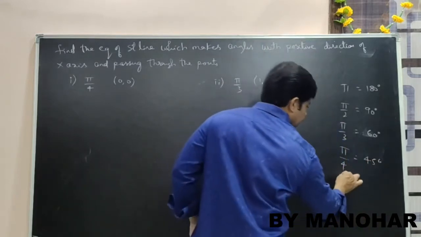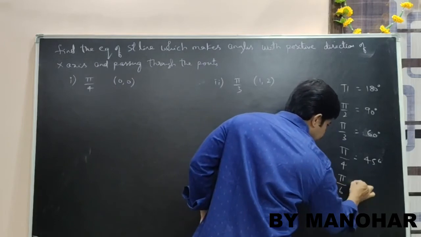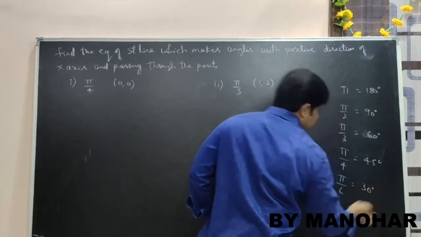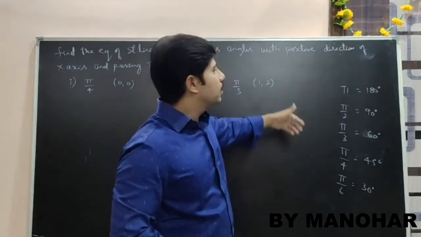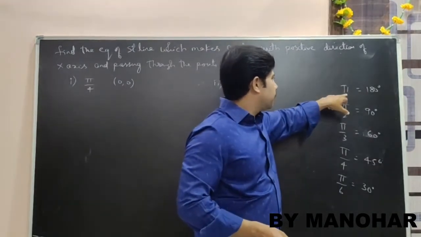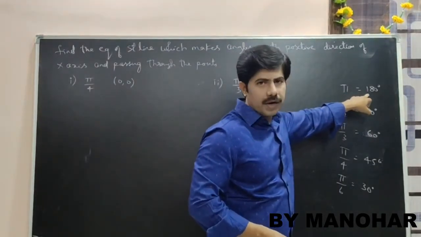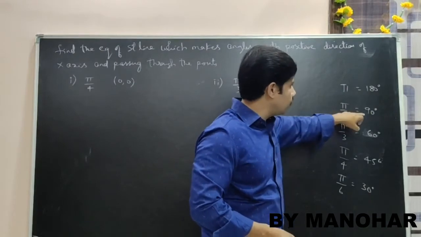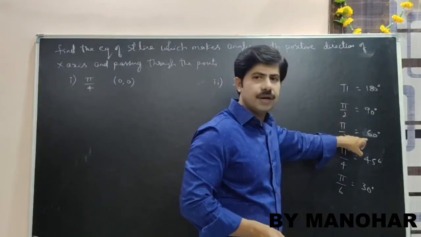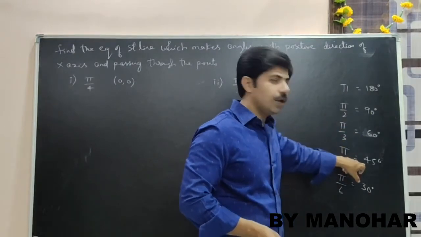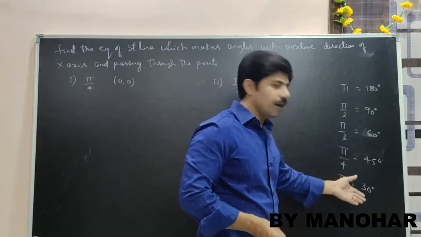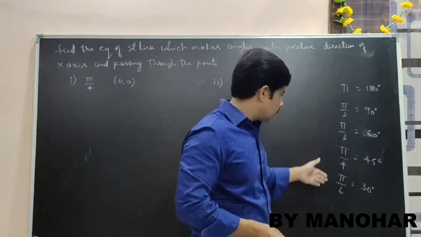Then pi by 6 means it is 30 degrees. Okay, this you will get in 1A, but I will tell. Pi radian means 180 degrees. So you do 180 by 2, 90. 180 by 3, 60. Right? 180 by 4, 45. 180 by 6, 30 degrees. Okay, just remember this one.